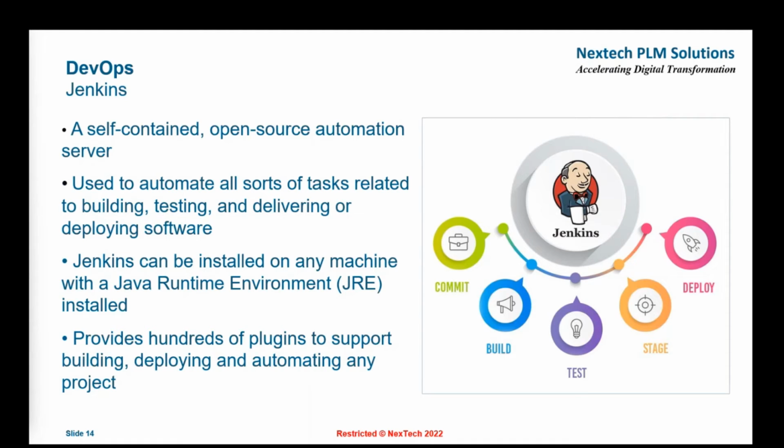Jenkins is not the only tool. As I said, there are other alternatives in the market, and you can evaluate those as well. But since Jenkins is widely used by most applications or products across the globe, our focus is on Jenkins.